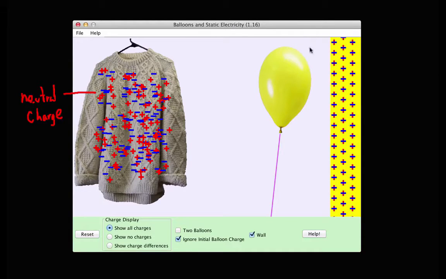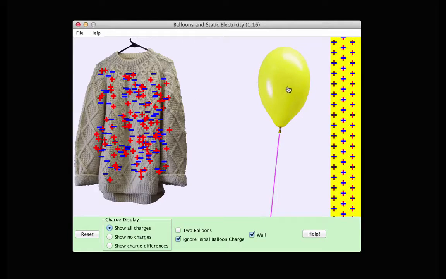The balloon is also neutral, and you can tell this because it has no charge. Similarly with the wall, it has an equal amount of protons and electrons, and they're evenly distributed.